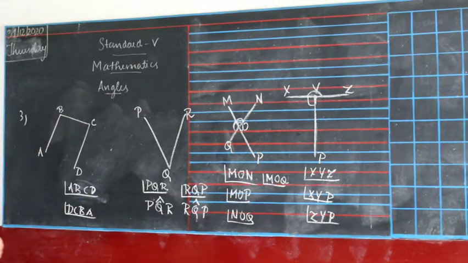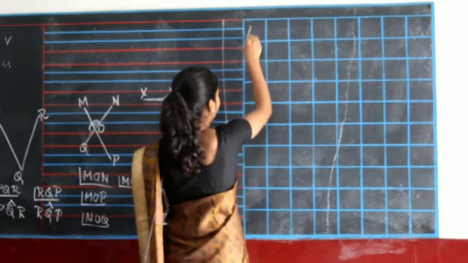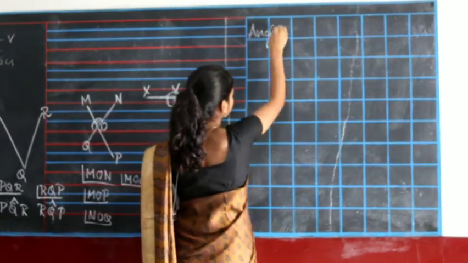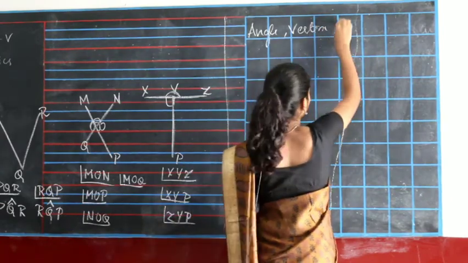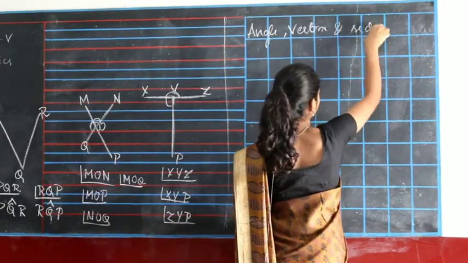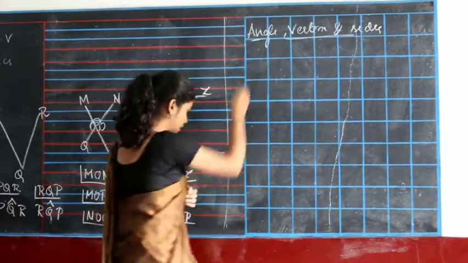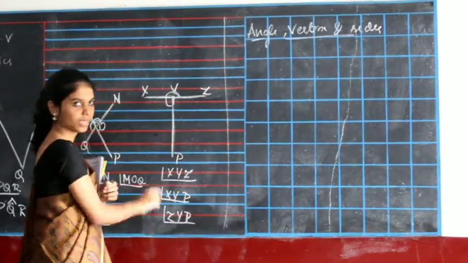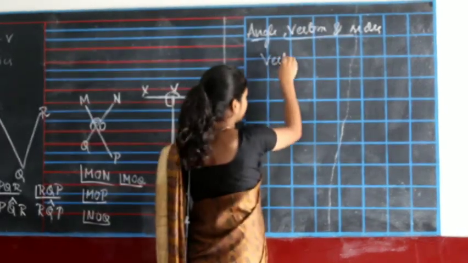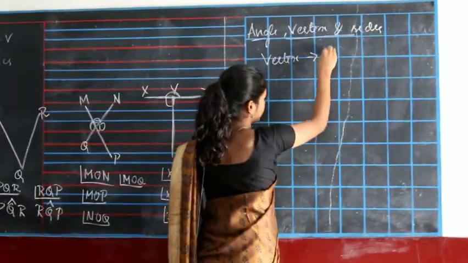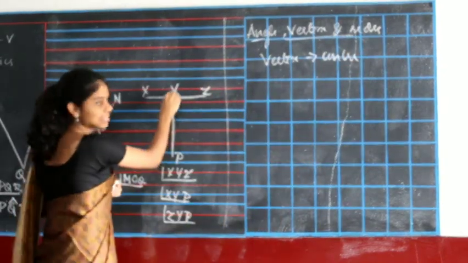Now they have asked us to write the angle, vertex and sides. So you know what is angle. This is the angle. Okay. Vertex. Vertex means center. Here you can see Y is the center.